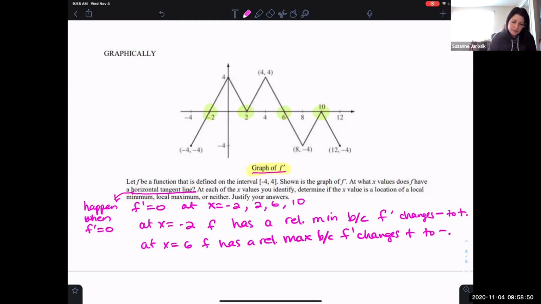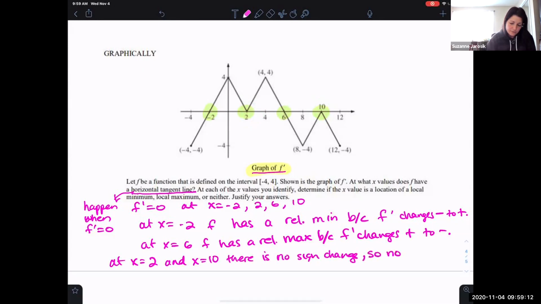Okay, and then again, at 2 and 10, we don't have a sign change. So at x equals 2 and 10, there are no relative extremes.